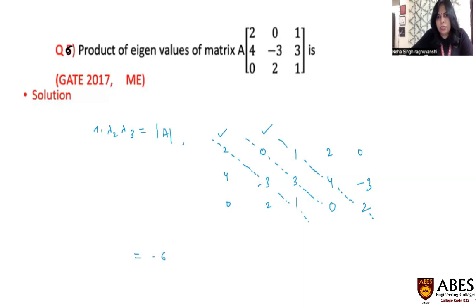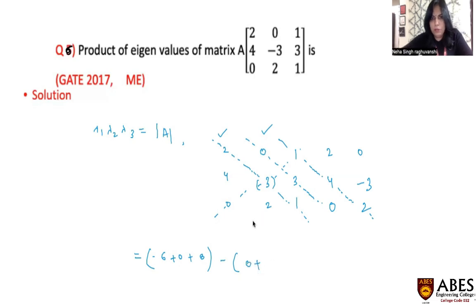After this, multiply these three elements, that is 0, then 4 to 8. After this, you put a negative sign. Now multiply again these elements like this one. So this is minus 3, so 0 minus 3, 1, that is 0.